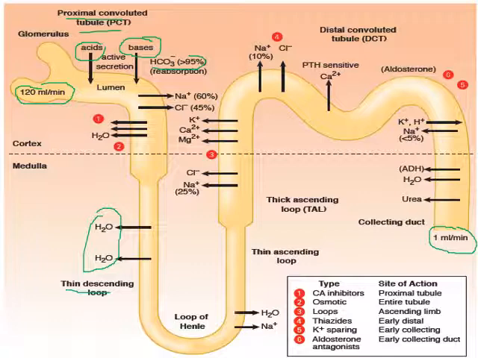It is a diluting segment. There are different transporters for electrolytes, like the sodium potassium 2 chloride symporter, which is present in the thick ascending loop of Henle, the importance of which we will see when we discuss loop diuretics. For now, around 25% of sodium is getting reabsorbed in the thick ascending loop of Henle.